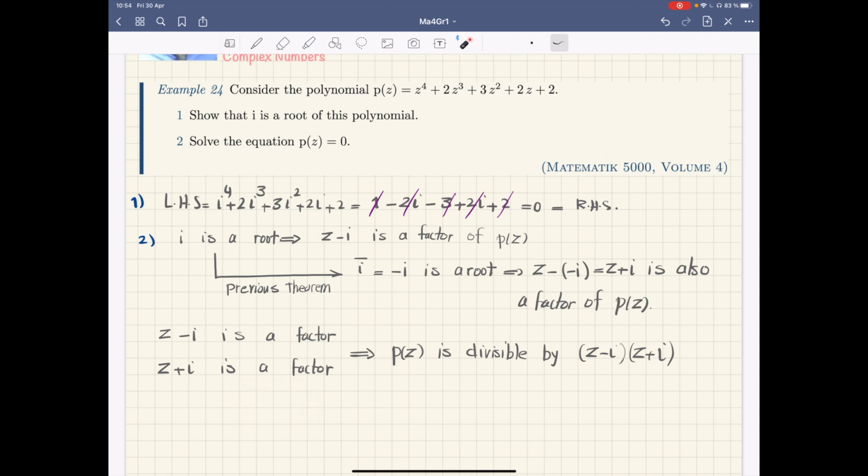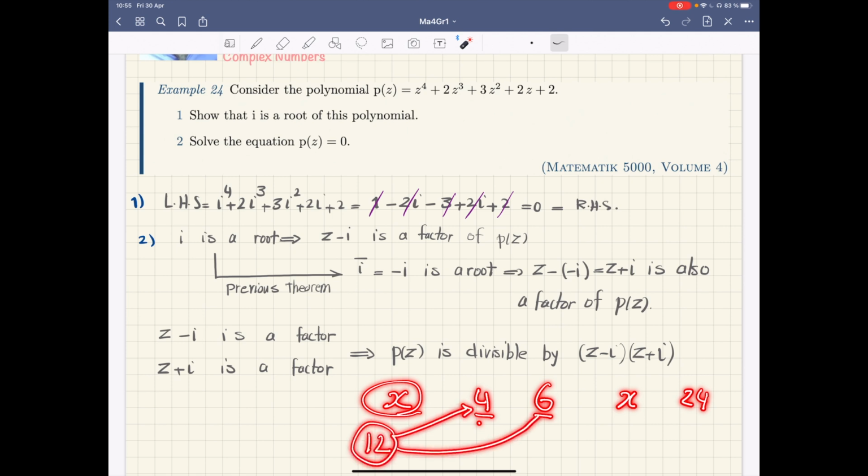But if I say that I have a number x which is divisible by 4 and it is divisible by 6, can I conclude that x is divisible by the product 24? The answer is no, because when you say that x is divisible by 4 and 6, it might be 12, for example. 12 is divisible by 4, it's also divisible by 6, but it is clear it's not divisible by 24.